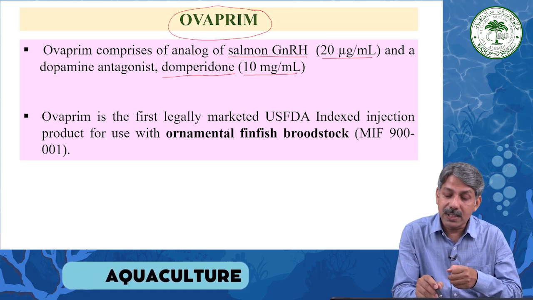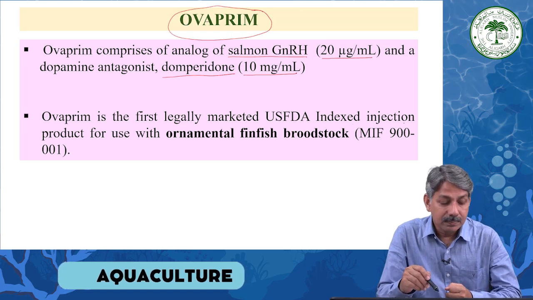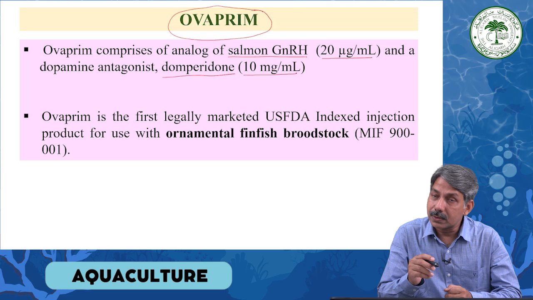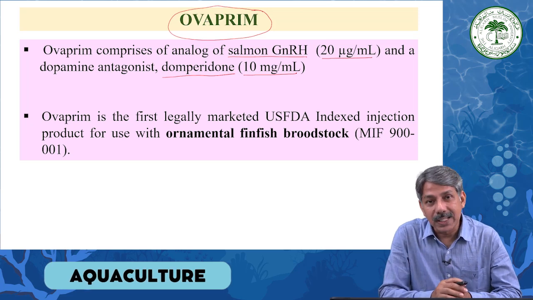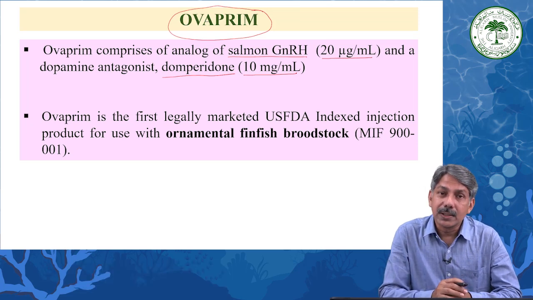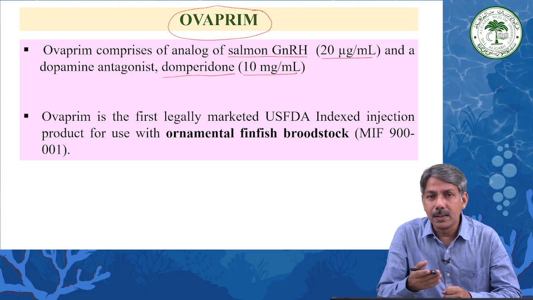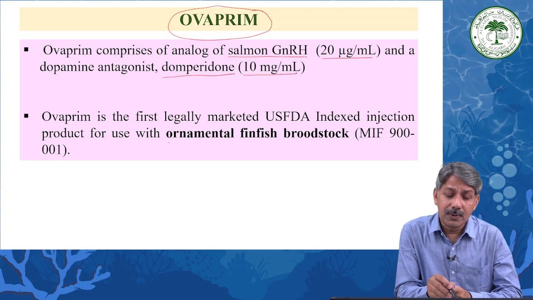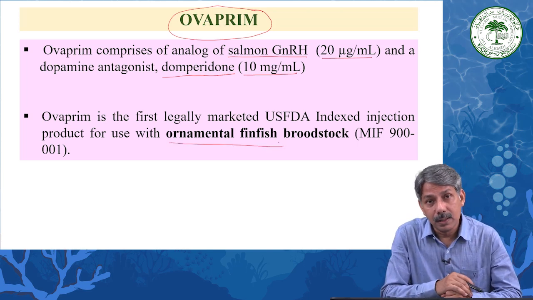Ovaprim is the first legally marketed US FDA injection for ornamental fish broodstock. In fact, this Ovaprim inducing agent is being used for fish breeding in different parts of the world for a variety of species, and even for ornamental fishes.